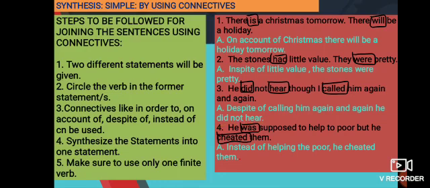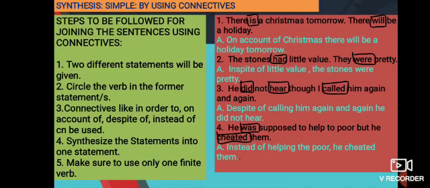Next, he was supposed to help the poor, but he cheated them. Again but shows the contrast. The first finite verb is was, the second finite verb is cheated. 2 finite verbs, and the word but shows contrast. So I could use either in spite of or despite of, but because there is no negative word, there is no chance to use despite of.